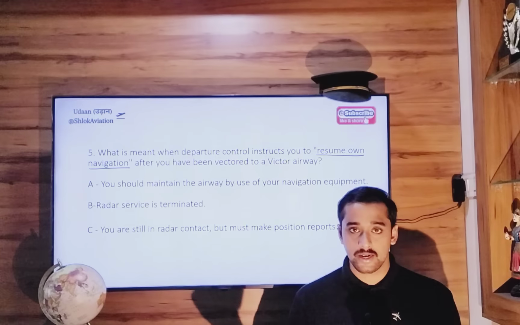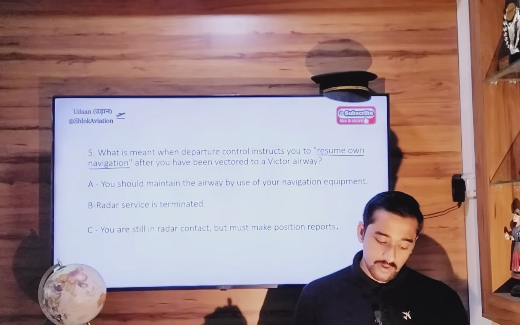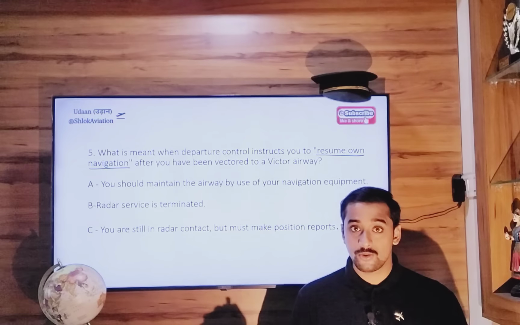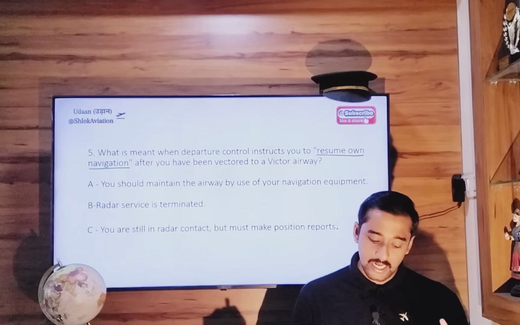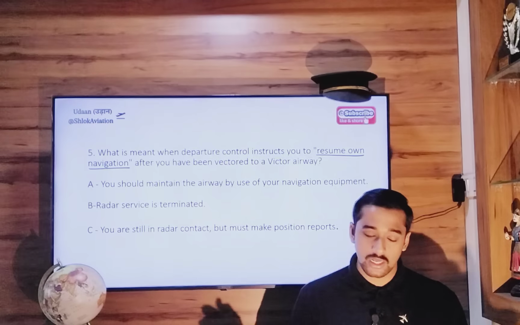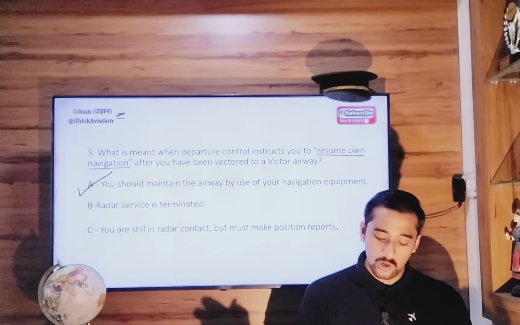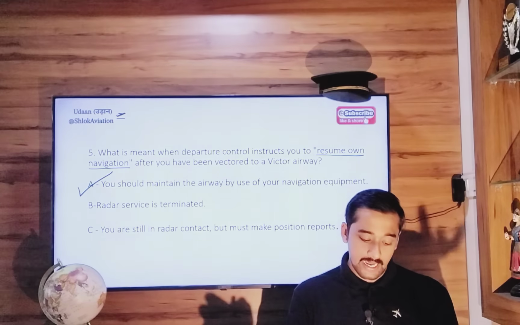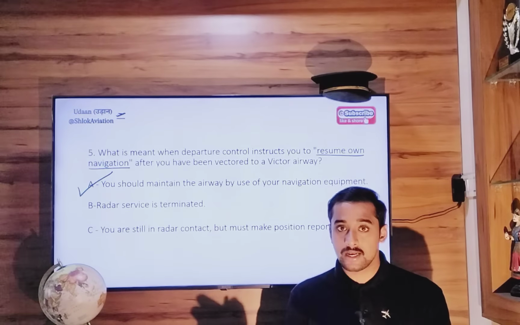You have to navigate. Okay, so what is meant when departure control instructs you to resume own navigation? You should maintain the airway by use of your own navigation equipment. Yes. You won't get any new vectors from the ATC now.